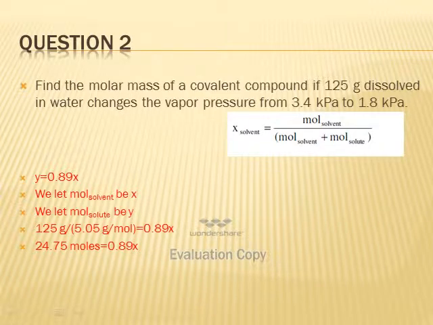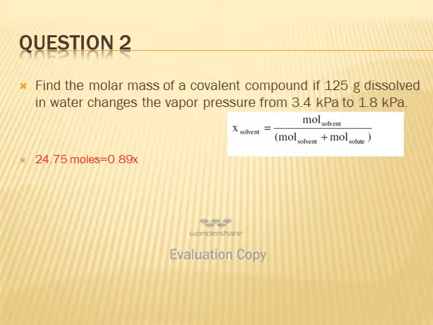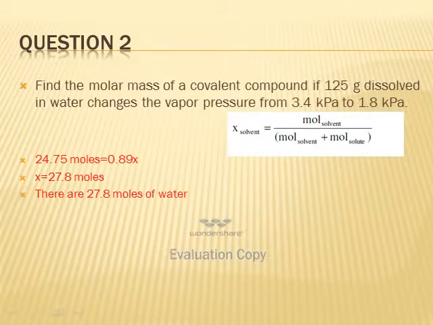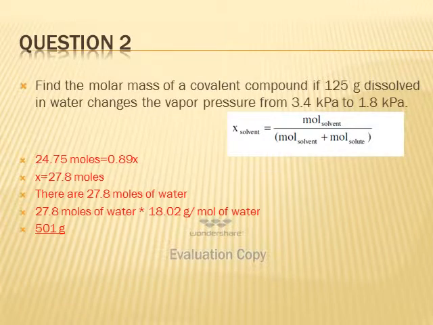Divide both sides by 0.89 and x equals 27.8 moles of water. After we convert it to grams, we get 501 grams of water, which approximately we can say 0.5 kilograms of water.